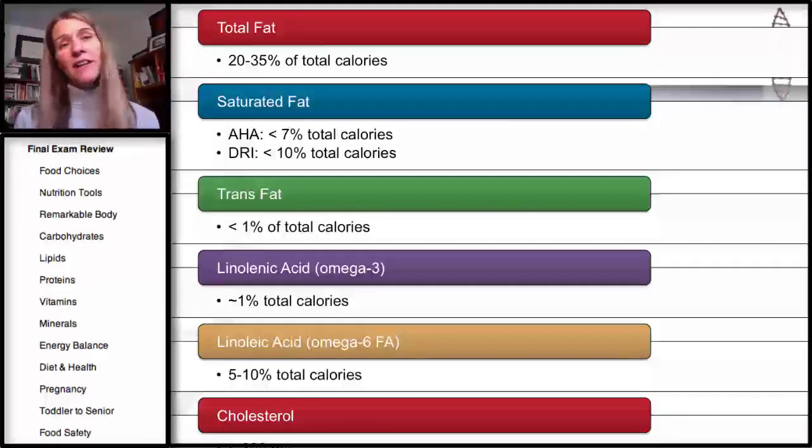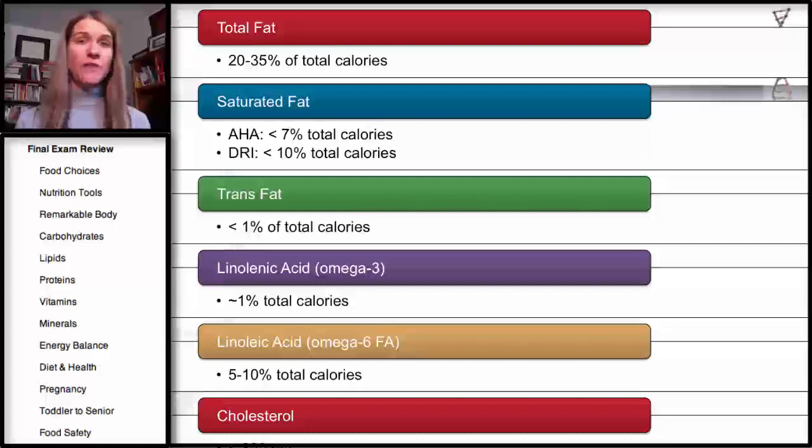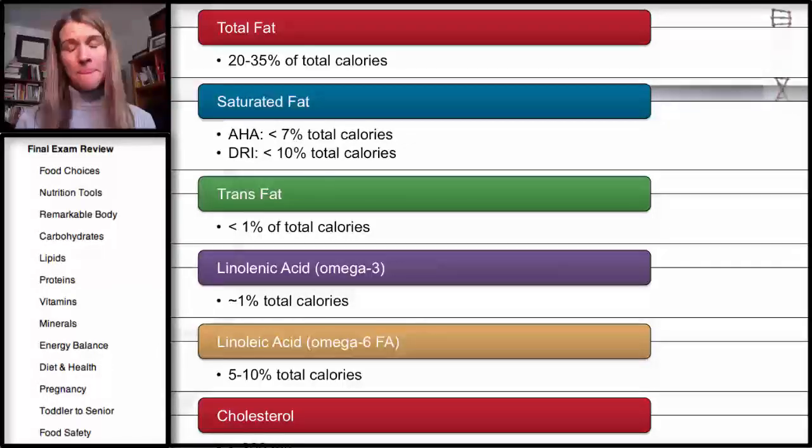The dietary guidelines recommend 20 to 35% of total calories from fat. So yes, a third of your diet should be coming from fat. Unless you have a chronic disease or heart disease, then it should be much, much less. Saturated fat should be less than 10%, although the American Heart Association says less than 7% from saturated fat. We did talk about potential benefits of saturated fat this semester.